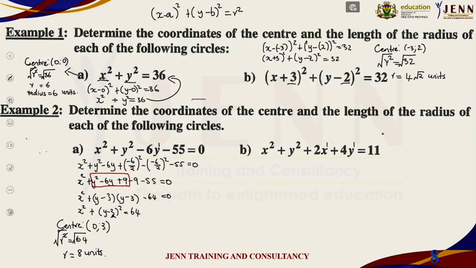When I look here, I can put my equation as x squared plus 2x plus y squared plus 4y equals 11. Why am I doing this?